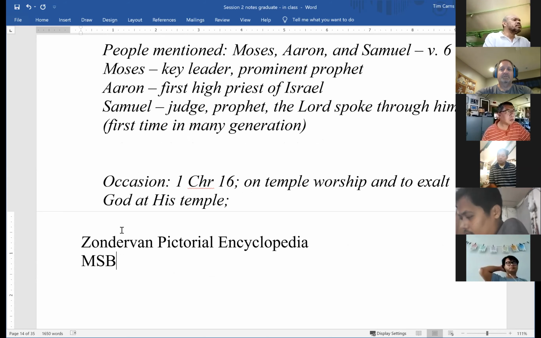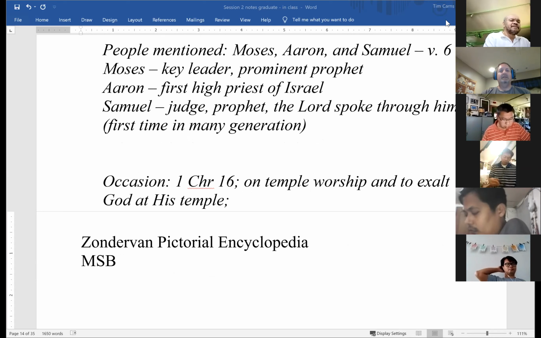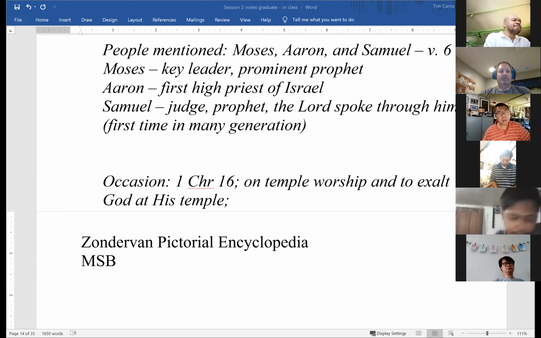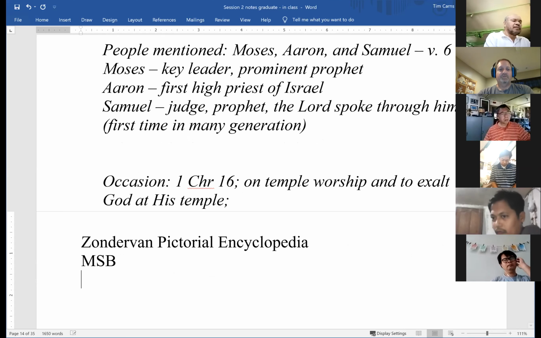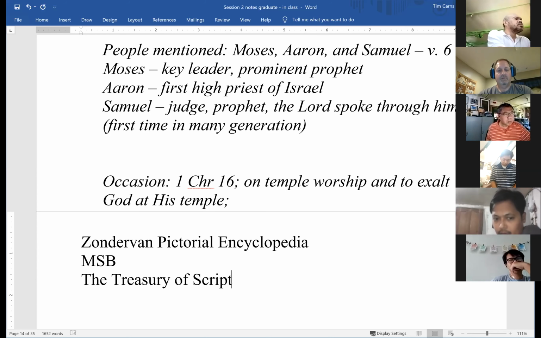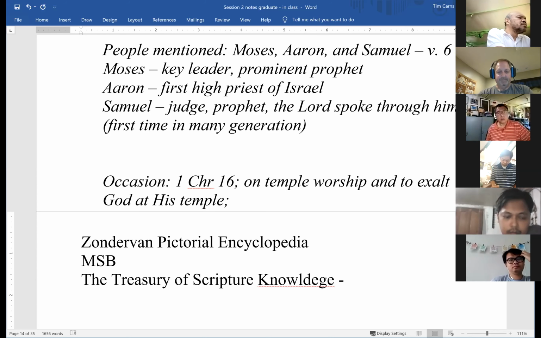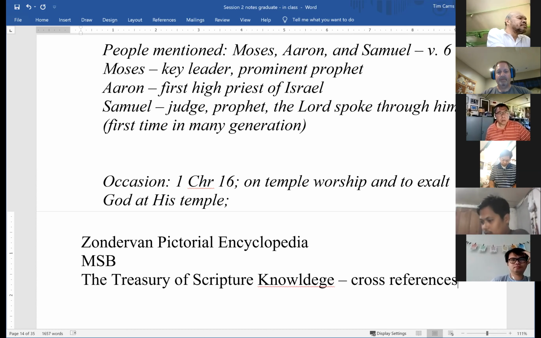There are a few resources like that, but I would encourage you to try to get a start on your own, do some digging, use a cross-reference. The Treasury of Scripture Knowledge is a really helpful book where you get a lot of cross-references that you can look up. Okay? All right.